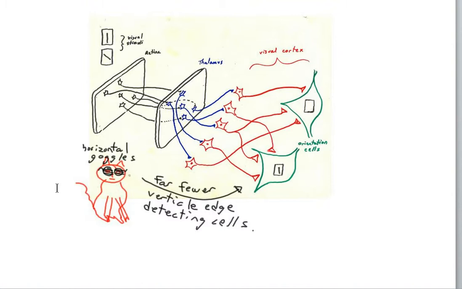They didn't see vertical edges very well, and that behavioral deficit was related to the finding that they had fewer vertical edge detectors in their brains, right? So the biological explanation of their behavioral deficit is that their visual cortex did not wire up properly. They didn't have enough vertical edge detectors to give them the ability to see vertical edges in their environment.